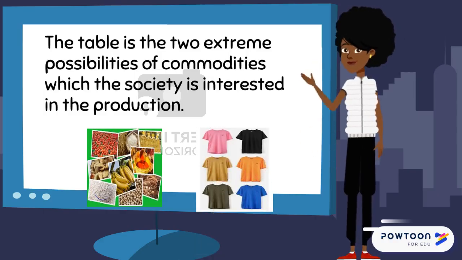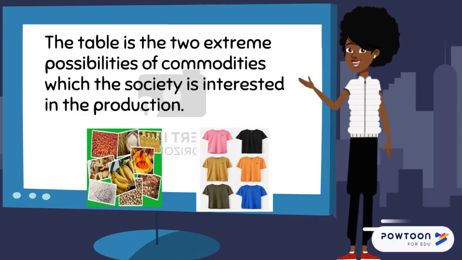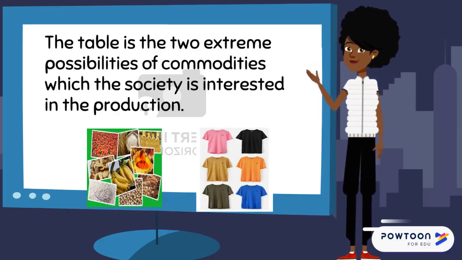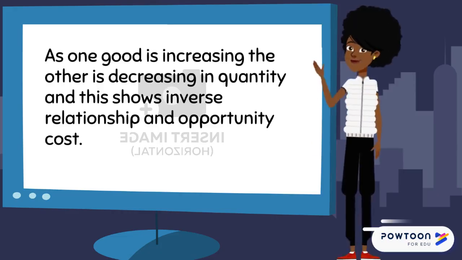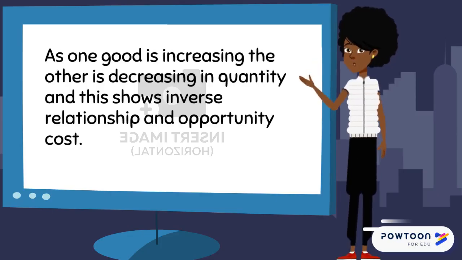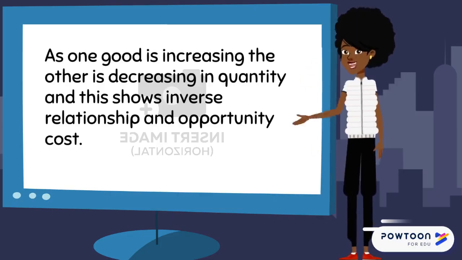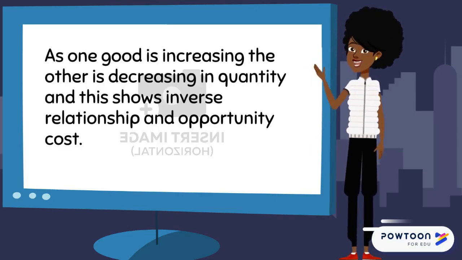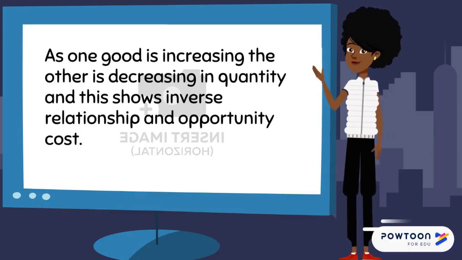Since the table shows the two extreme possibilities of the commodities the society is interested in, as one good is increasing, the other is decreasing in quantity. And this shows inverse relationship and opportunity cost.